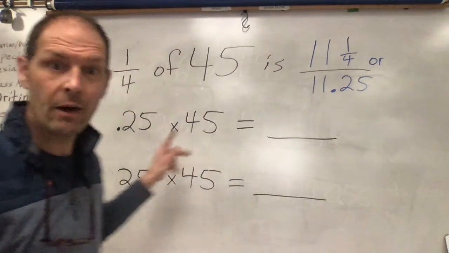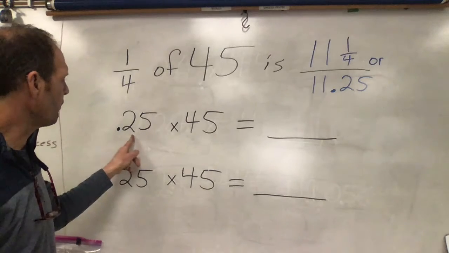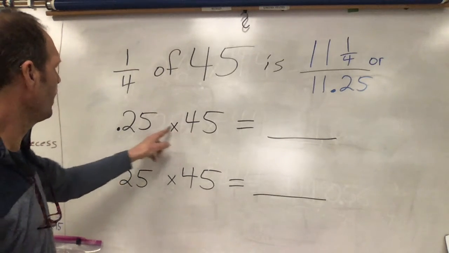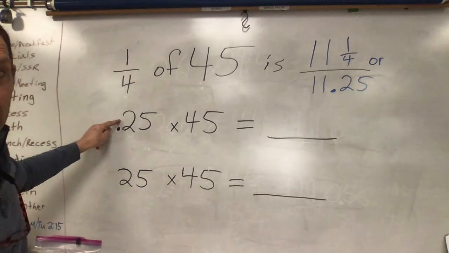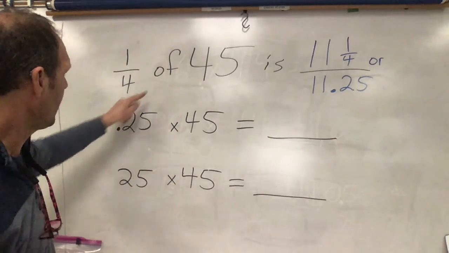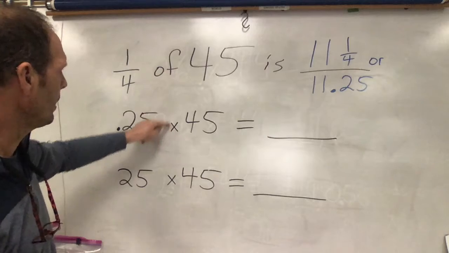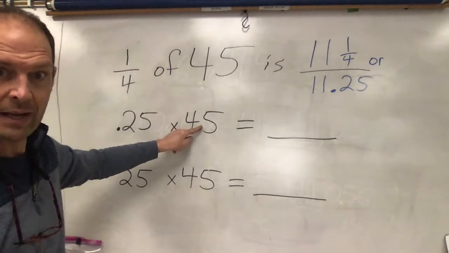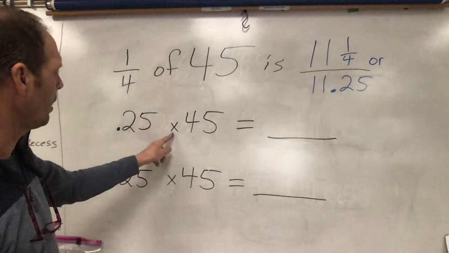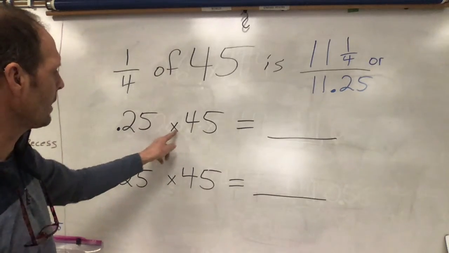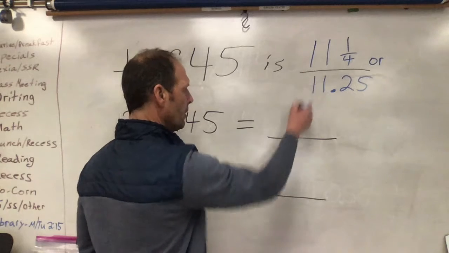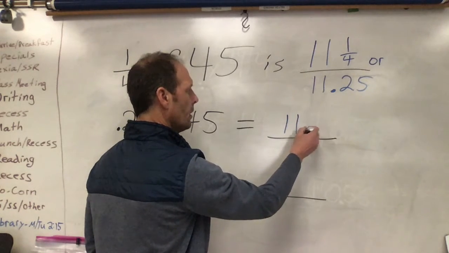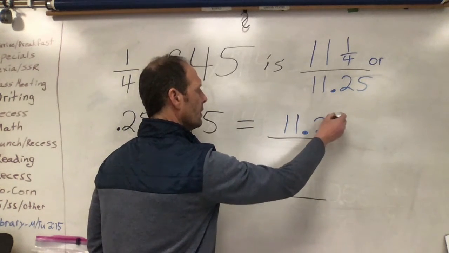All right, now we're going on to this, 25 hundredths times 45. Well, it's really the same as this, because 1/4 and 25 hundredths are the same, of and times are the same, and 45 and 45 are the same. So we've got 1/4 of 45, 25 hundredths times 45. Well, if it was 11 and 25 hundredths up here, then it is also that answer down here.